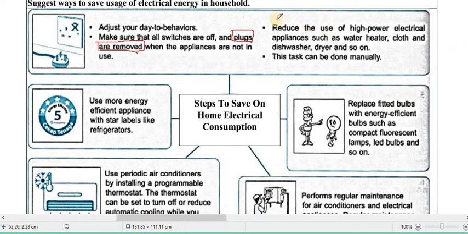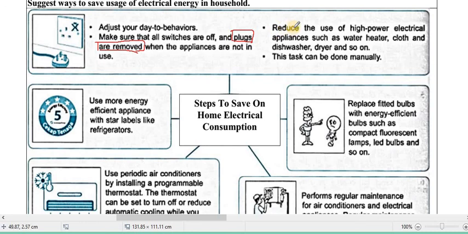Same thing if you have lightning: turning off the switch is actually okay already, no need to pull out. But if it makes you feel good, then pull out. It depends on you. But for people who study science and physics, if you turn off the switch, it's okay already.